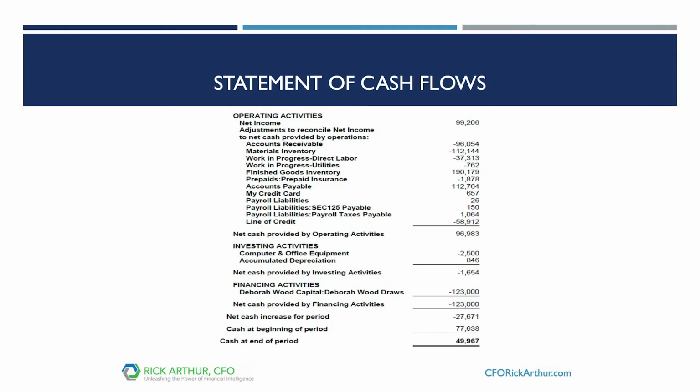If you are not getting this statement from your accountant, either internal or external, I would really encourage you to make sure that you start looking at this one and understanding it. To me, it's one of the important statements, because as business owners, and having been a business owner, the cash was always where my eye was going, because as I said before, we can run on a loss, but we can't run without cash flow.